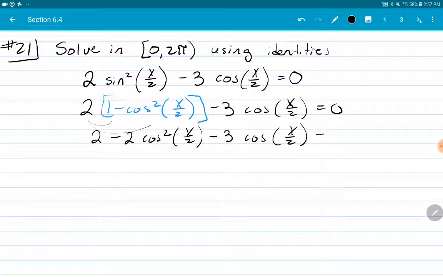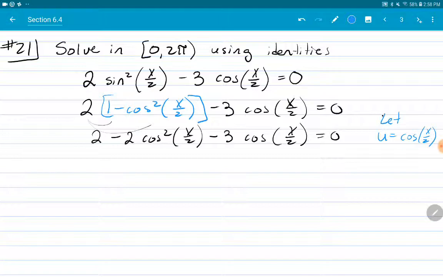And this is starting to look a lot like a quadratic. To make that a little more obvious, I'll use substitution and let u equal cosine of x over 2, since we're not worrying about that part just yet.